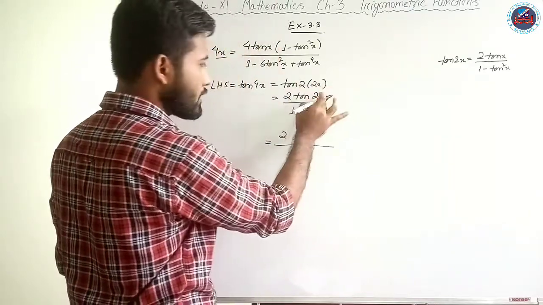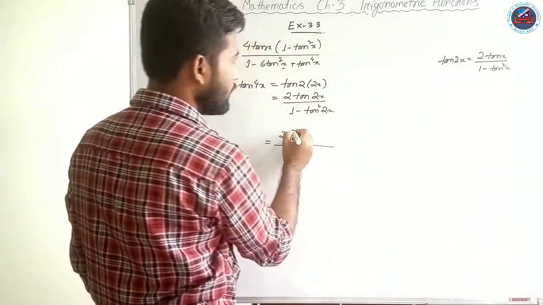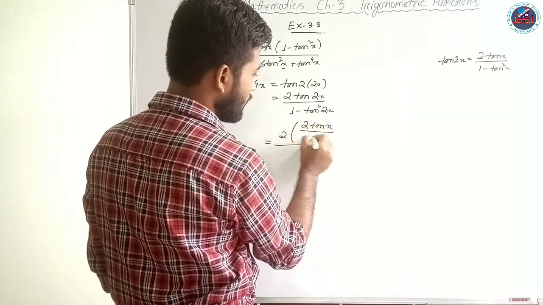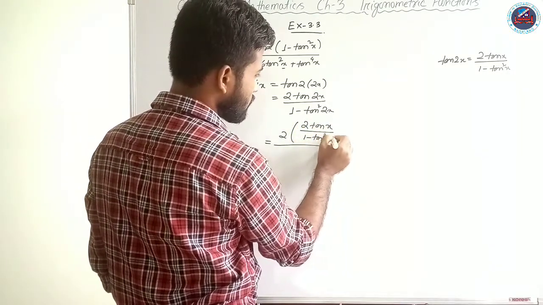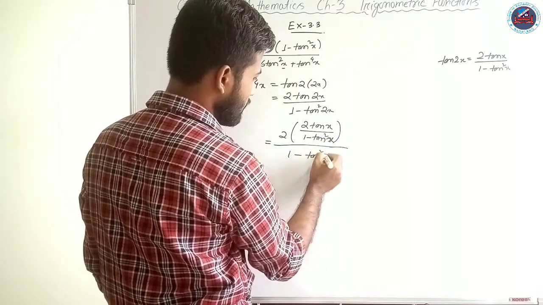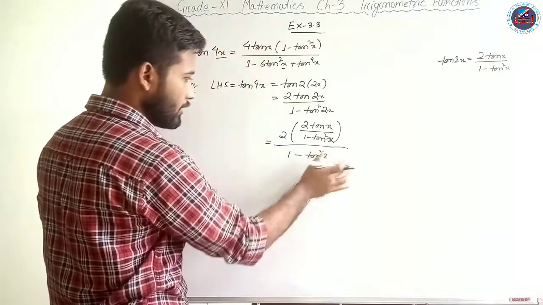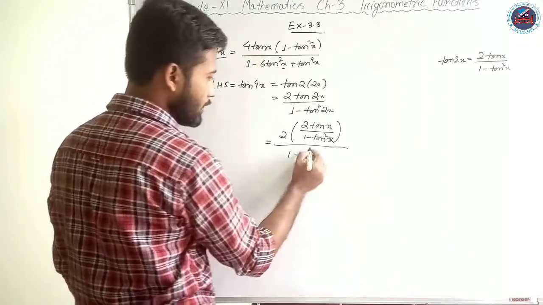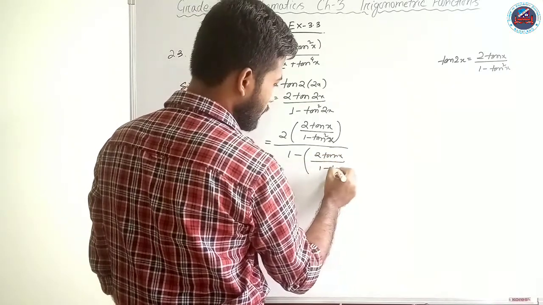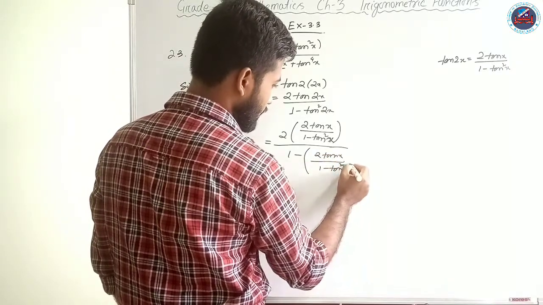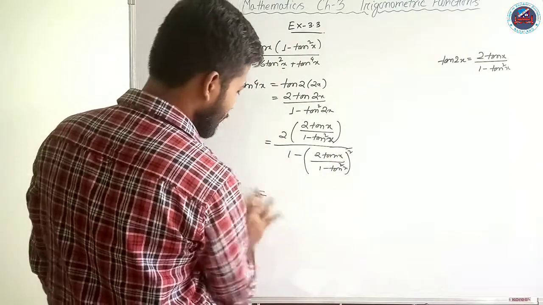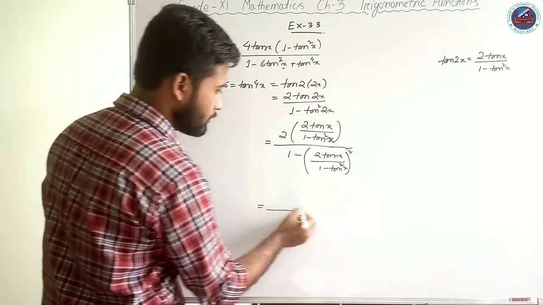Okay. Now in place of tan 2x, again we can use this formula. That is, now we shall be using twice tan x divided by 1 minus tan square x. Fine, and here we have 1 minus tan square 2x. In place of this also I can replace it by twice tan x divided by 1 minus tan square x, with a whole square. Now just simplify it, our main work is done.